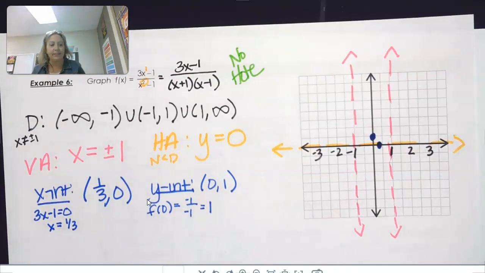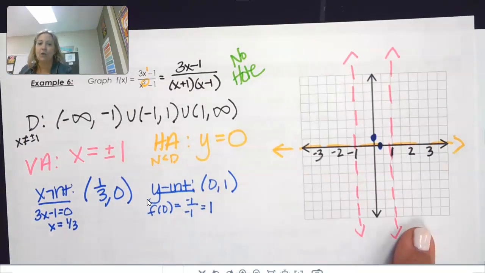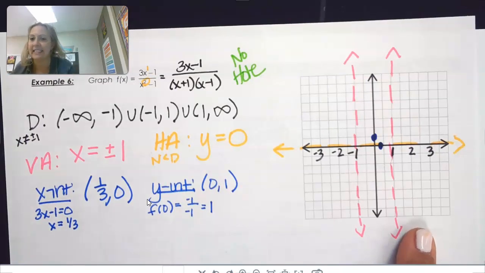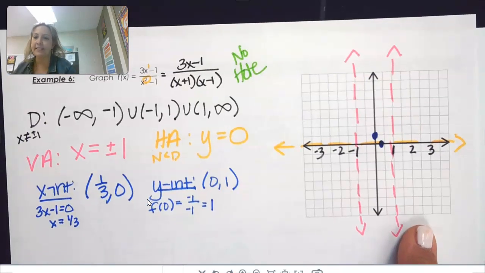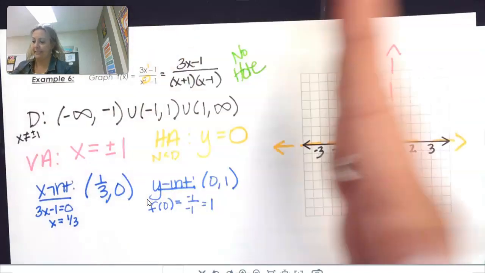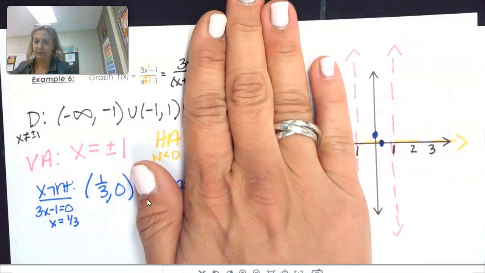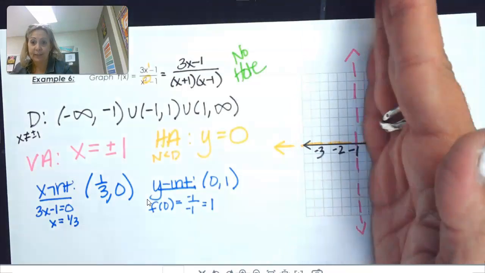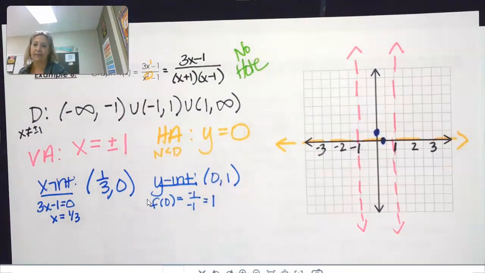Now, a couple things could happen as far as what this vertical behavior is. This one isn't quite as obvious as the other one. This time we have 3 different places: to the left of the asymptotes, in the middle between the 2 vertical asymptotes, and to the right of x equals 1.